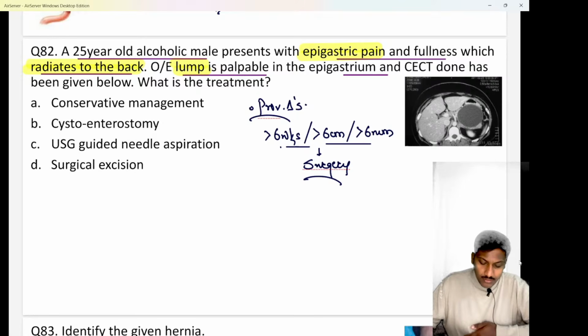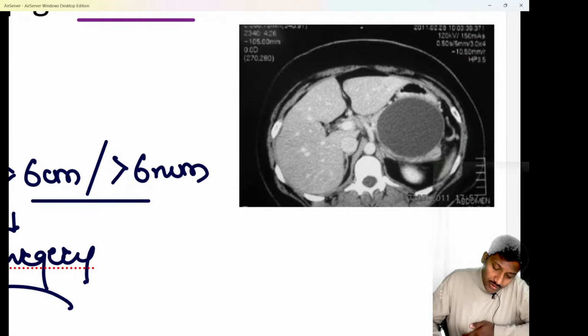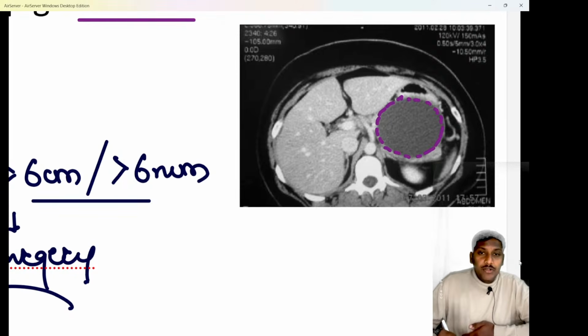What is the treatment? Now, if you look at the CT abdomen of this patient, you can see there is a collection of fluid in the epigastrium, and this happens as a result of pancreatitis. So the patient had pancreatitis earlier, after that there is a collection of fluid in the lesser sac of omentum.